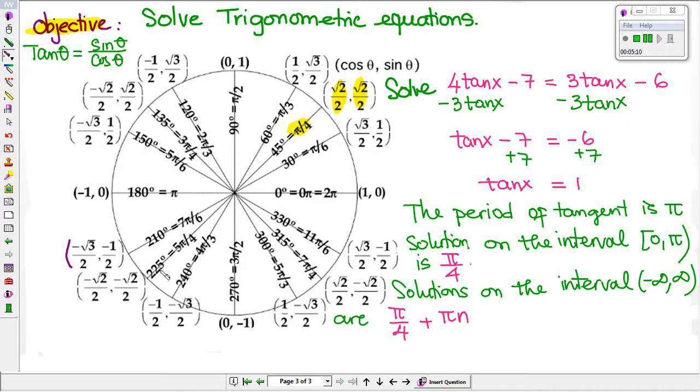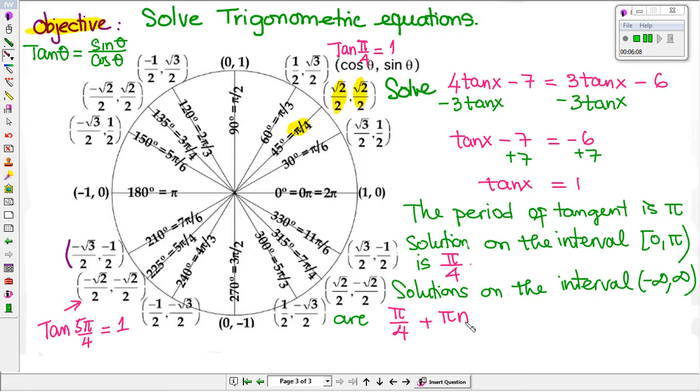So this will be the next angle, where your x and your y are exactly the same. So tangent of 5 pi over 4 equals 1. And here I have tangent of pi over 4 is also 1.